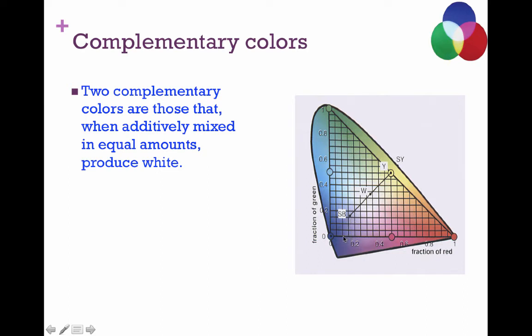So I drop it down. It looks like I have 0.16 as the fraction of red. And then over here on the green axis, I've got 0.16 as well.